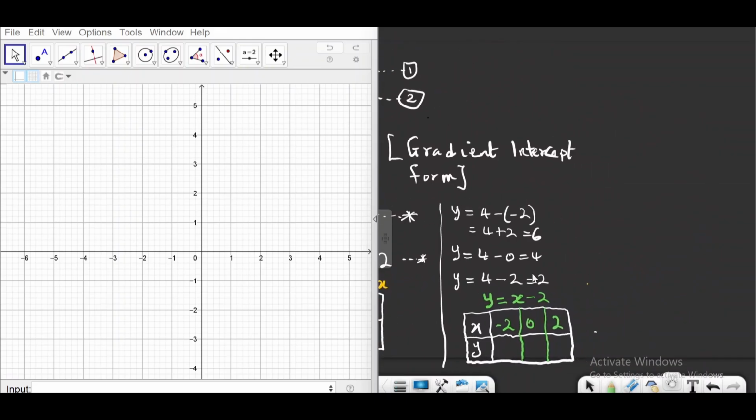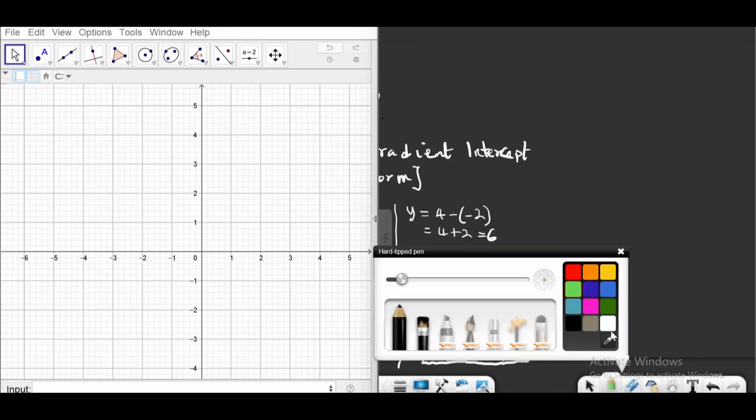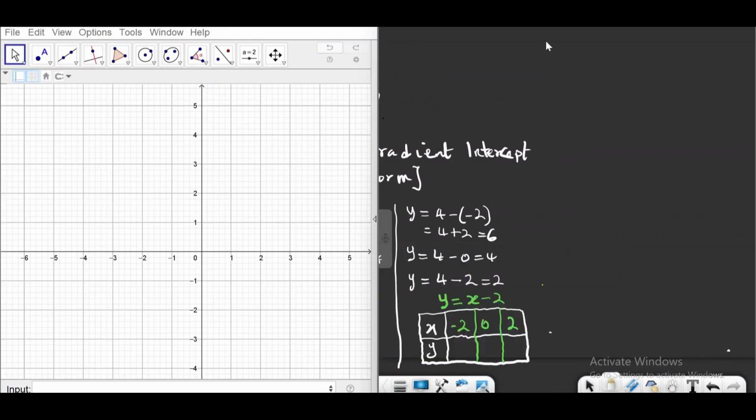So let's come here and fill up this table. When x is -2, let's check what y would be. So y is going to be -2 minus 2, and that's -4.